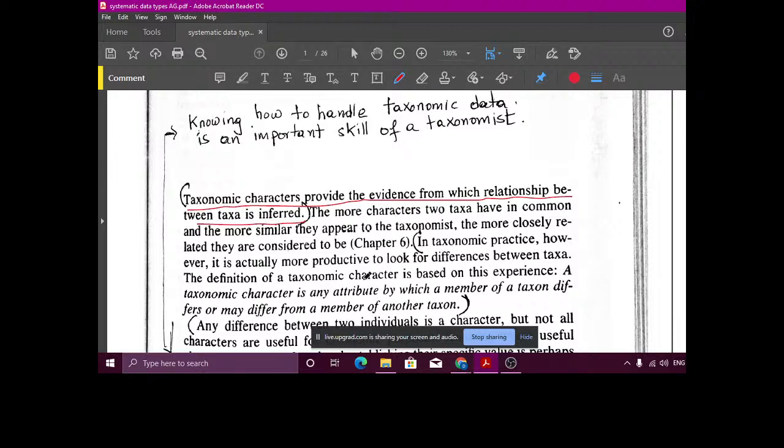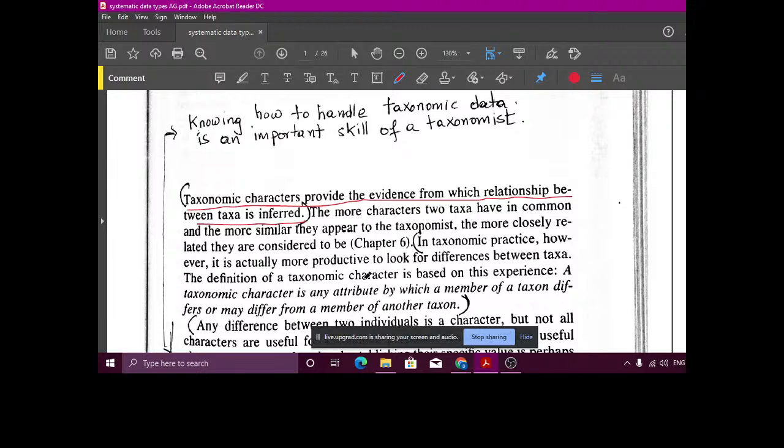So they belong to different orders. Cows belong to order Artiodactyla because their hooves are bifurcated, and cats and dogs belong to Carnivora because they eat meat. On the basis of this, this is a taxonomic character, and a relationship is inferred.